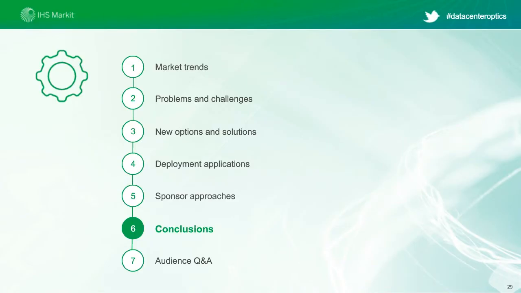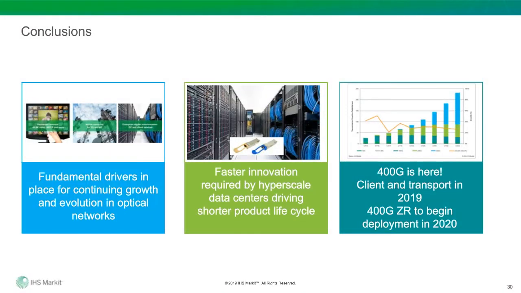Thank you, Sophie. Okay, to conclude, the fundamental drivers are in place requiring bandwidth expansion and setting up for continued growth and evolution of optical networks, including test and measurement equipment to support them. Hyperscale operators and data center operators need faster innovation to meet the approximately 40 or 60% growth rate inside of data centers, and for data center interconnects, 30 to 40% compound annual growth rates.